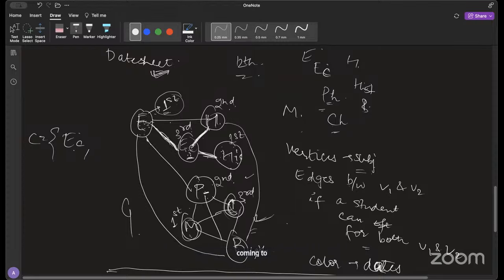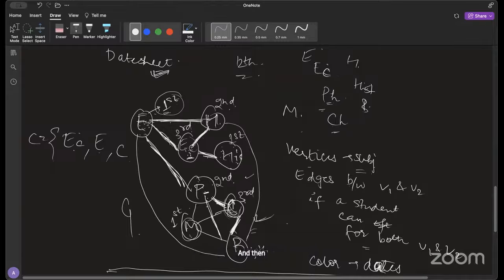Coming to this one, you can choose one vertex from this edge, so let's take E. From this edge too, you need one, but you've already chosen E, so this is also covered. Coming to this one, let's choose C. Because you have chosen C, this edge is also covered.